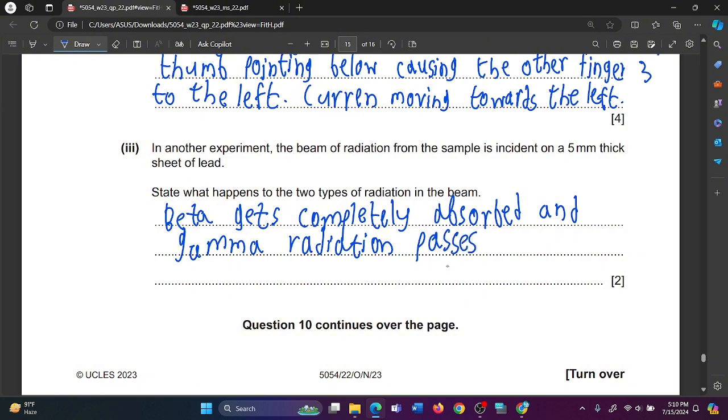Though some of the gamma radiation would get absorbed, but most of the gamma radiation would pass through because a 5 millimeter thick sheet of lead is not enough to stop gamma radiation. Passes through. Beta, and it is enough to stop beta particles but not gamma.